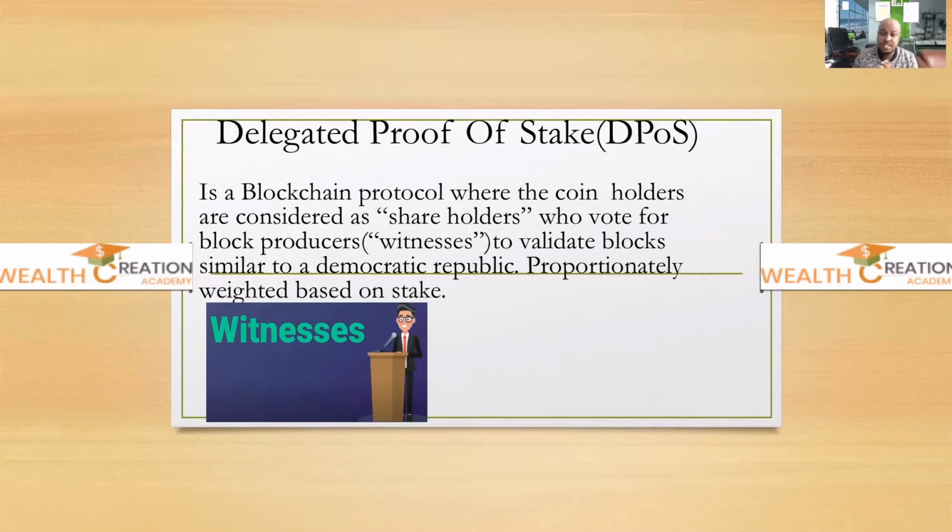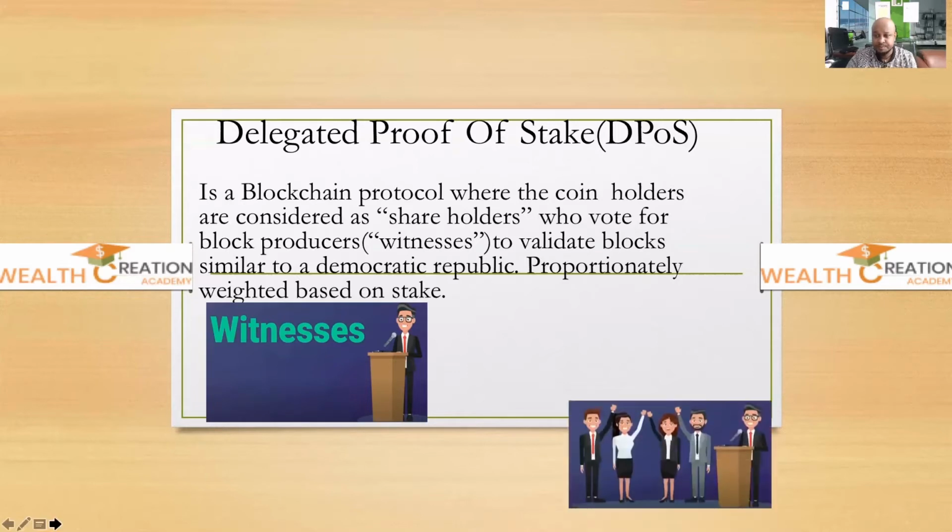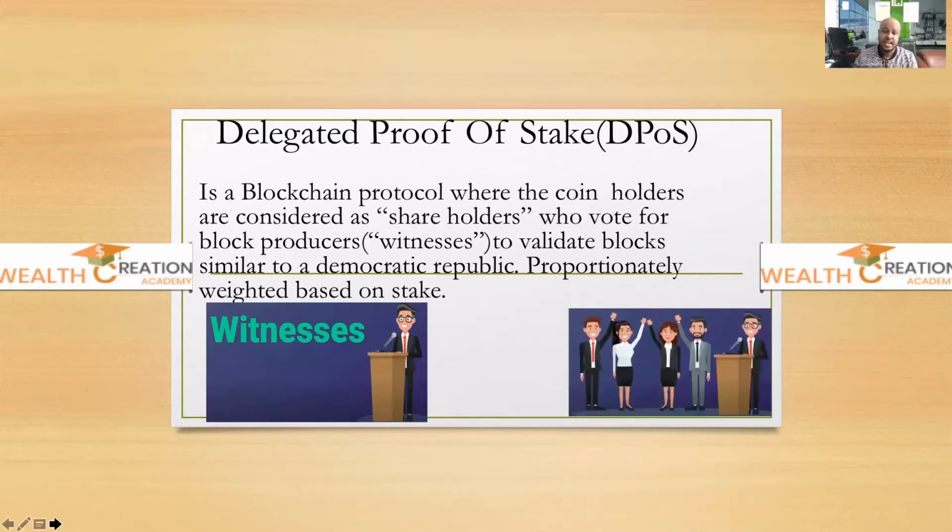Voting for them is pretty much similar to a democratic or republic vote. It is also weighted in proportion to the stake that you hold. So you are voting for your favorite, the one you think is going to do the right thing, the ones you think can secure the network.